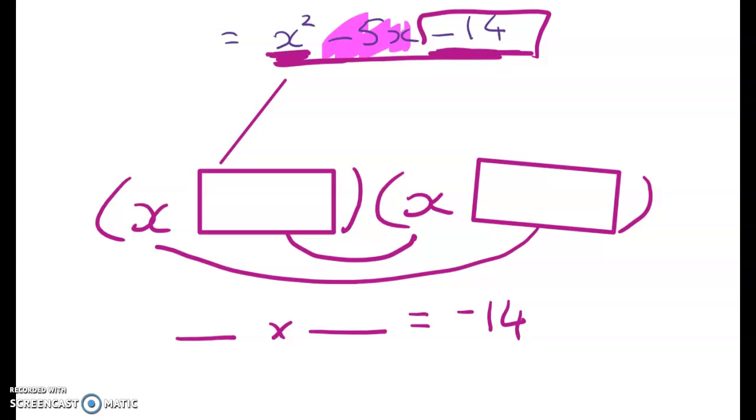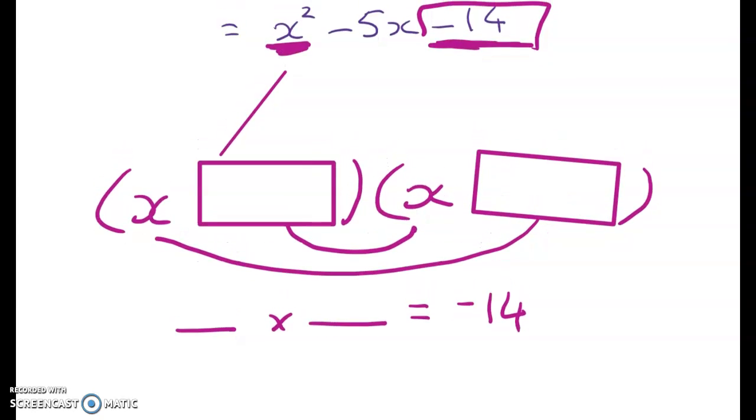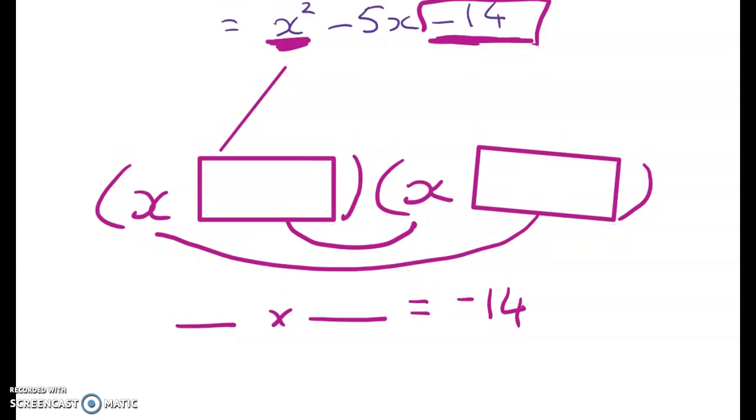So what has to happen to get the minus 5? Well, I need two numbers that when we add them up will give me negative 5. So we want this plus this is equal to negative 5.